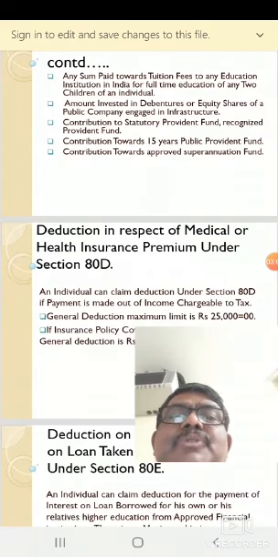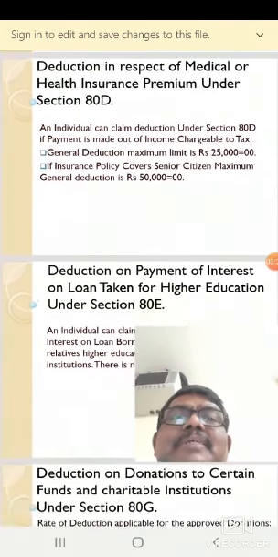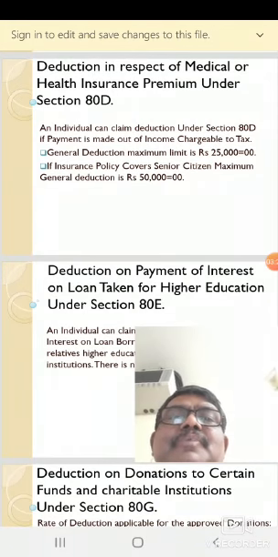Further, contribution to statutory provident fund and recognized provident fund also qualifies for deduction. Again, contribution towards 15 years public provident fund and also contribution towards approved superannuation fund is also eligible for the deduction under section 80C. And here the point to be noted is the maximum deduction available is 1,50,000 in a particular financial year. So this is all about section 80C.